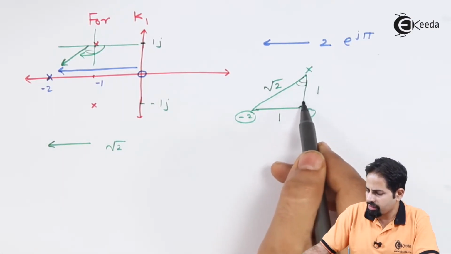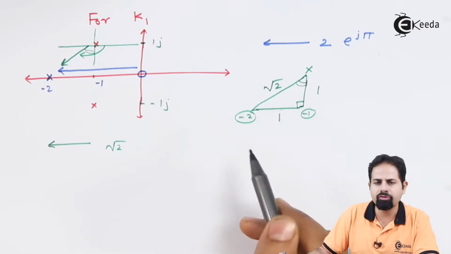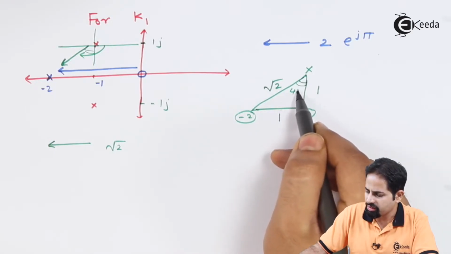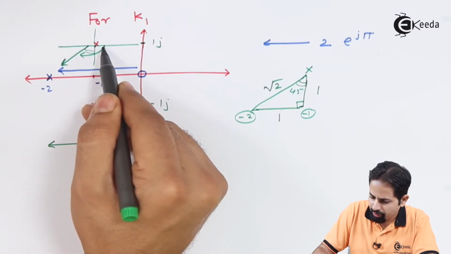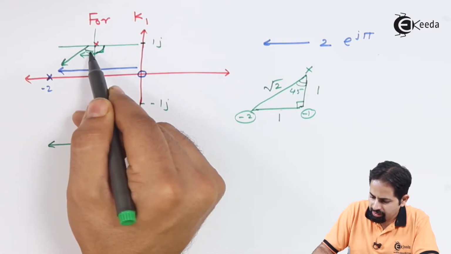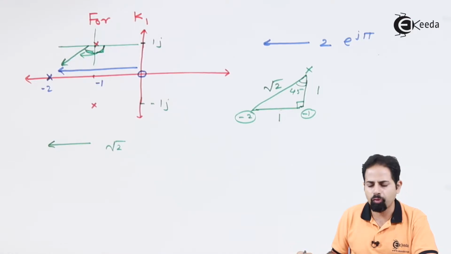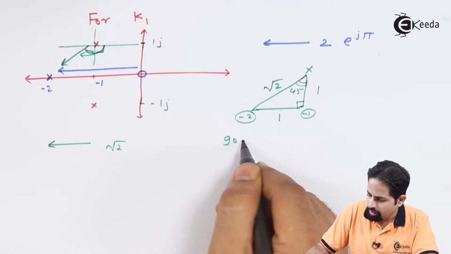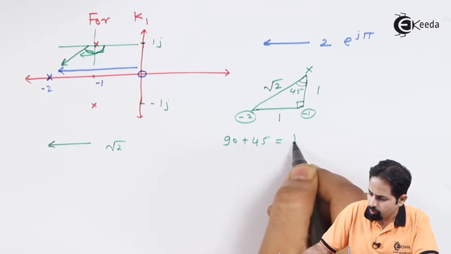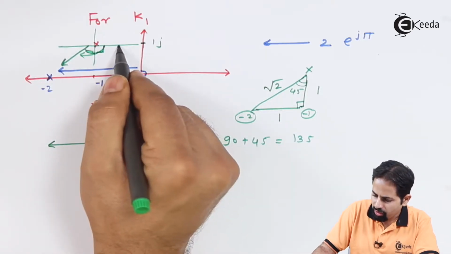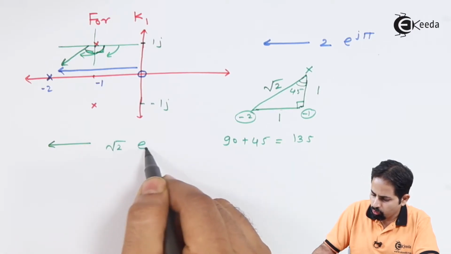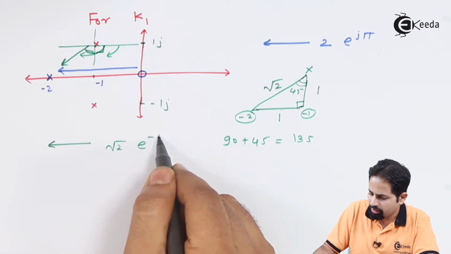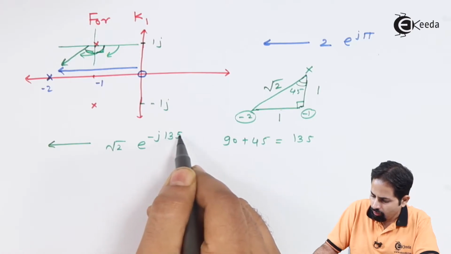This is 90, and since this is 1 and 1 which is the same, this angle is 45 degrees. So 90 plus 45 is going to be 135. But because we are going in this direction, it is going to be minus 135. So it is going to be root 2 into e raised to minus j135.